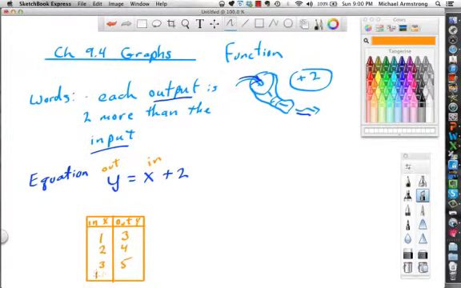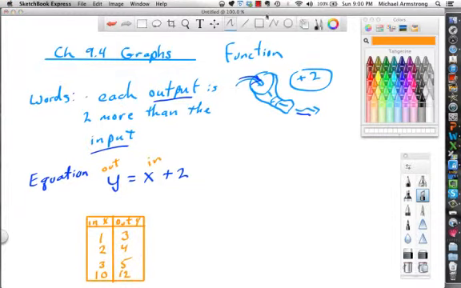Of course, you could also do 10 plus 2 is 12. You don't have to go in order. It's sometimes somewhat logical to go progressively, but you could use 10 as an input and you'd get out 12. You could use 113 as an input and you'd get out 115.